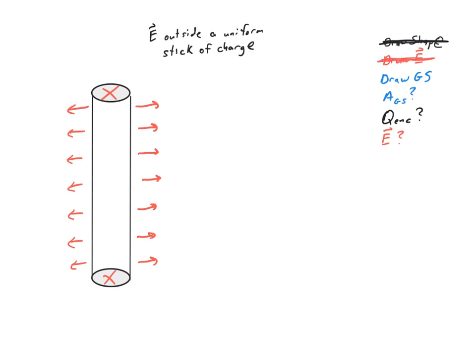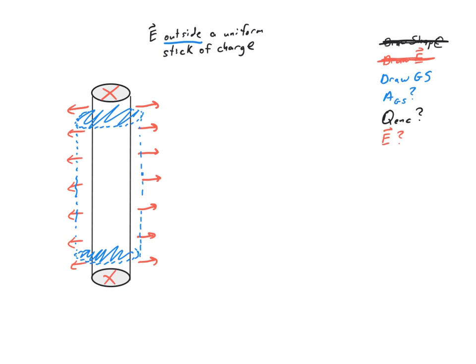The Gaussian surface outside of a uniform stick of charge. There's my Gaussian surface. It's surrounding the charge that I'm concerned about. Repeating the symmetry of that situation, note that no electric field is pointing through the top surface at all, and none through the bottom surface.